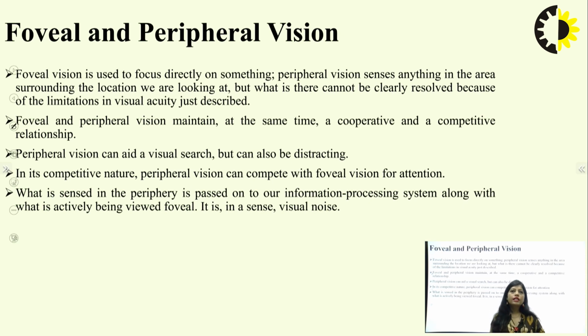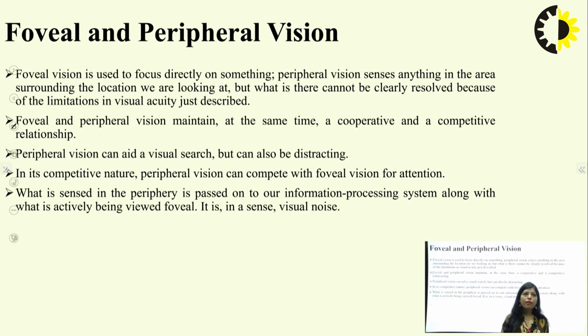If we sense something in the surroundings, this vision is called peripheral vision. But what is there cannot be clearly resolved because of the limitations in visual acuity just described.